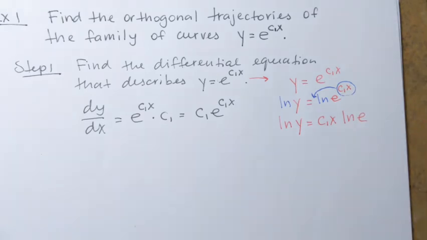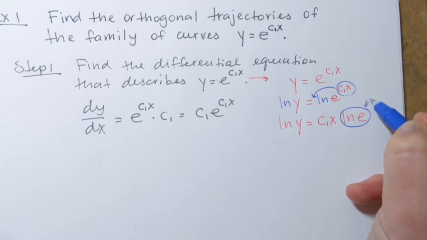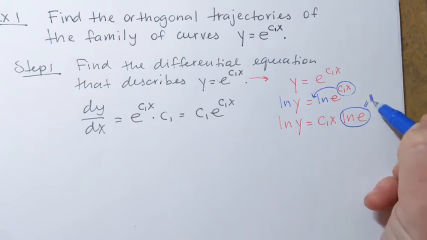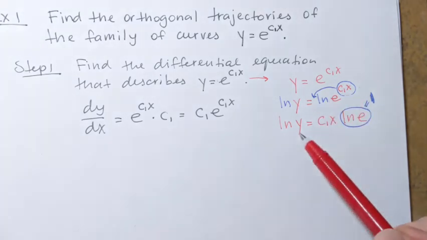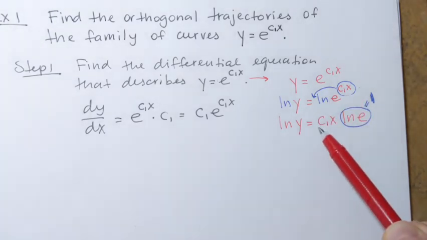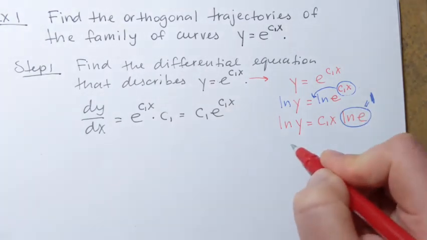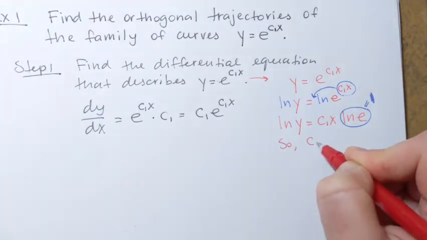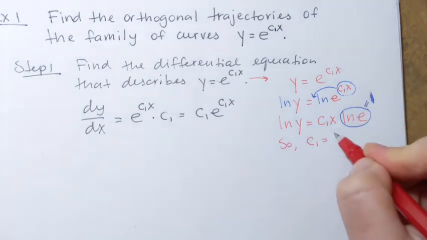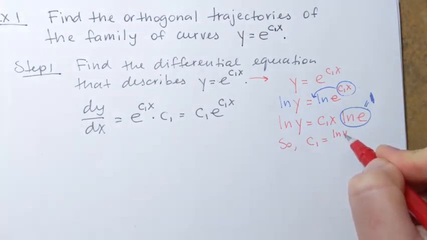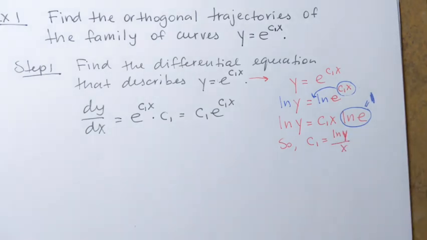Now what is ln of e? ln of e equals 1, so that part is gone. That means I am left with ln of y equals c1x, and from here, if I divide both sides by x, c1 equals ln of y over x.